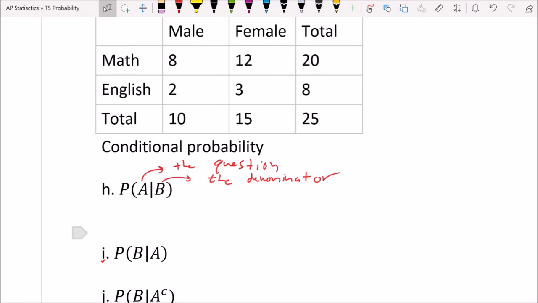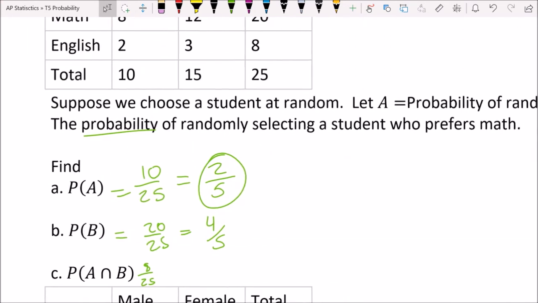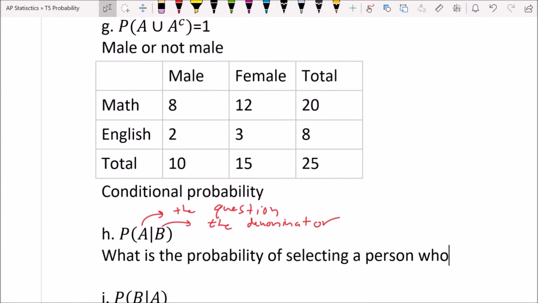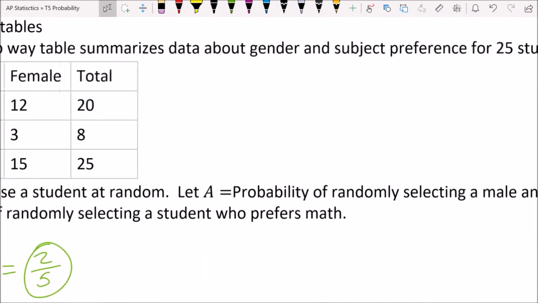This is saying, what is the probability of selecting a person who, and A was, sorry, I keep checking, guys. I just want to make sure I get it right. The probability, what was it? So A is male.